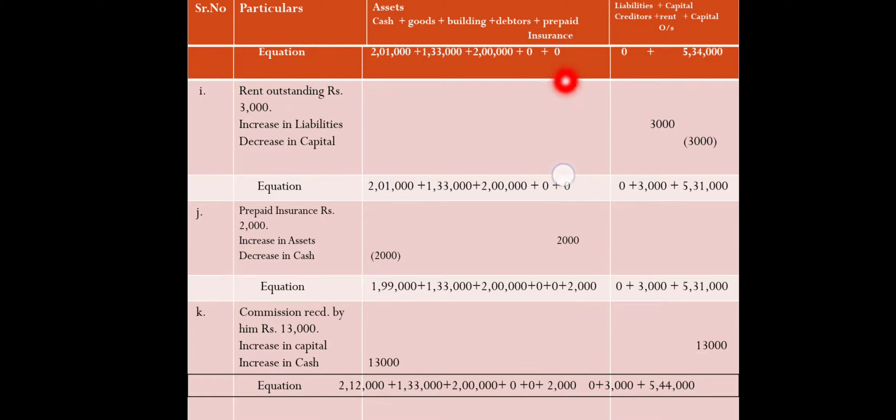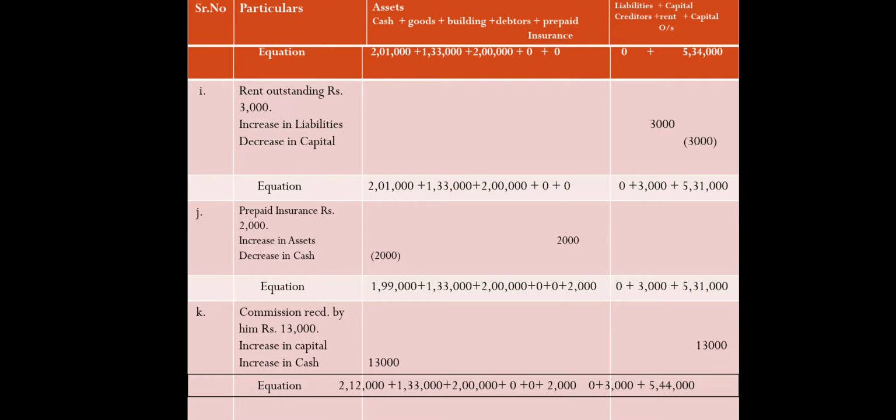So we have to include one new column on the asset side, that is prepaid insurance over here, and you are going to pay them, right? So that will decrease your cash. So decrease in cash, and prepaid insurance will be your new column over here. So the final setup of the equation will tally.